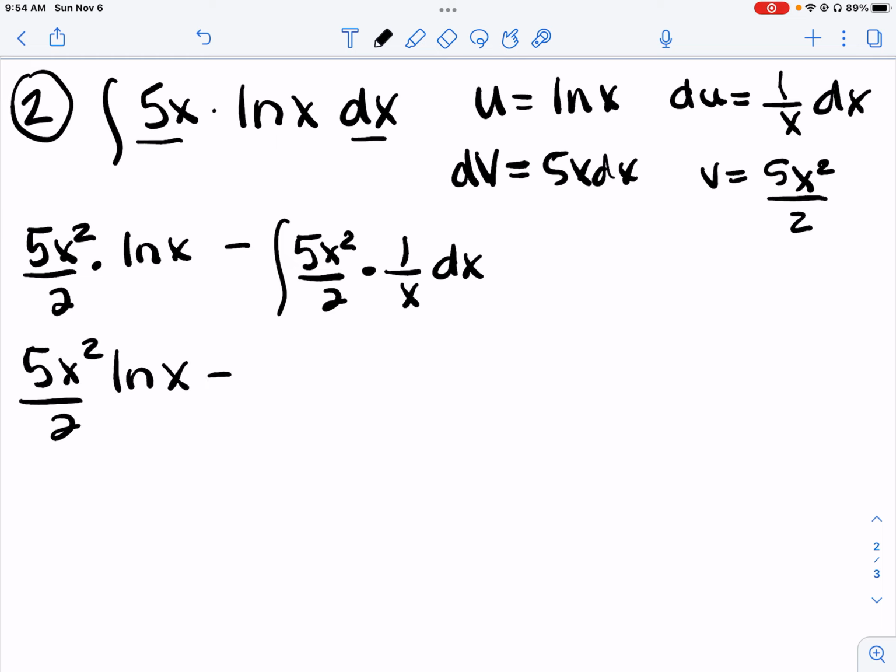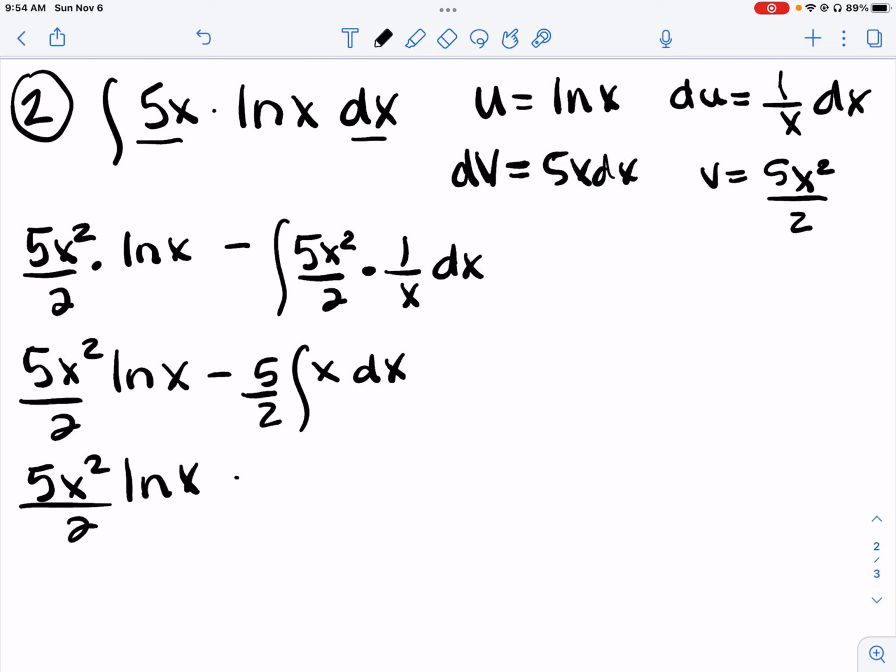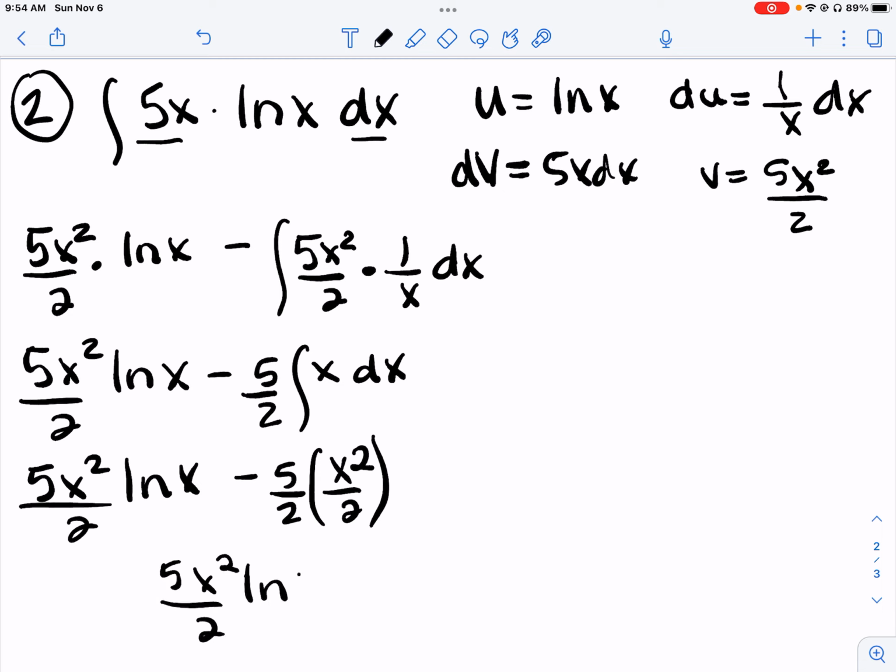Going to do a little algebra and move this 5 over 2 outside. x squared over x is x. The integral of x is x squared over 2. And the 2's multiply on the bottom.